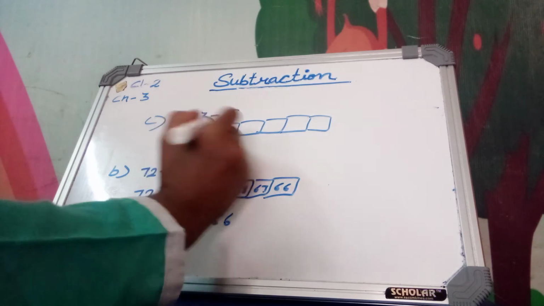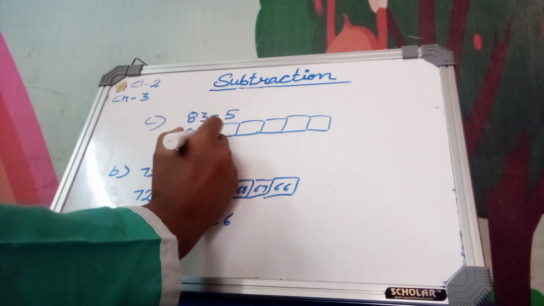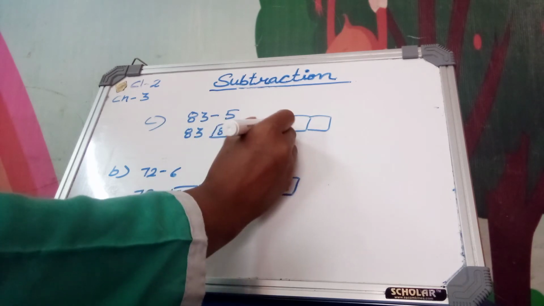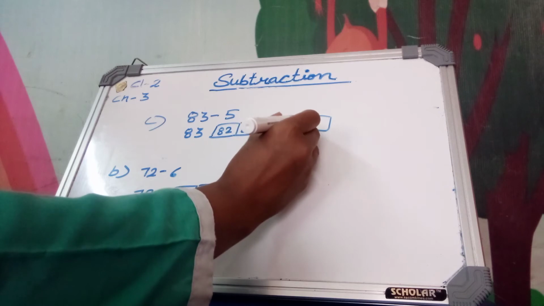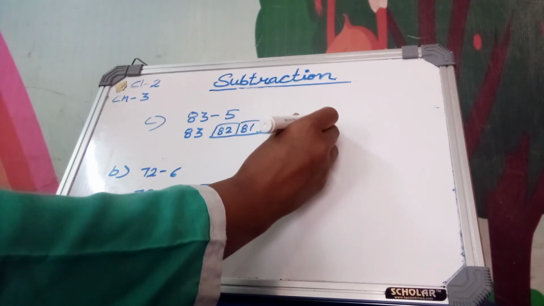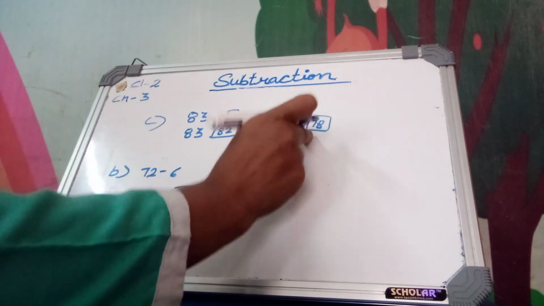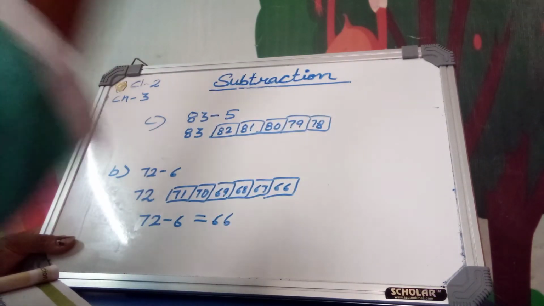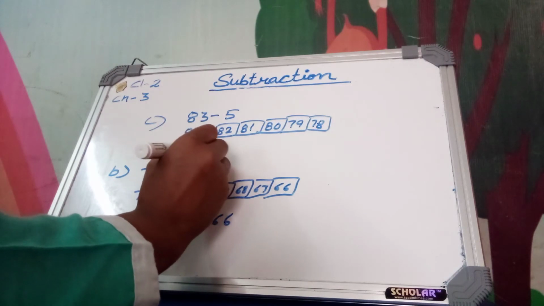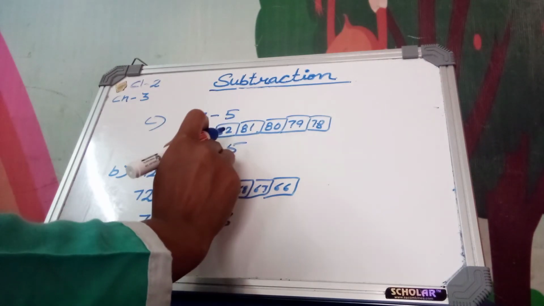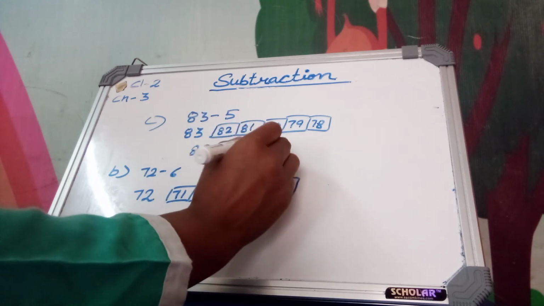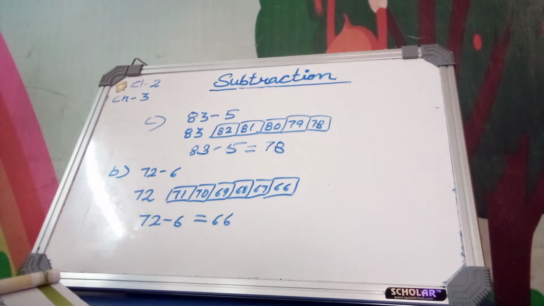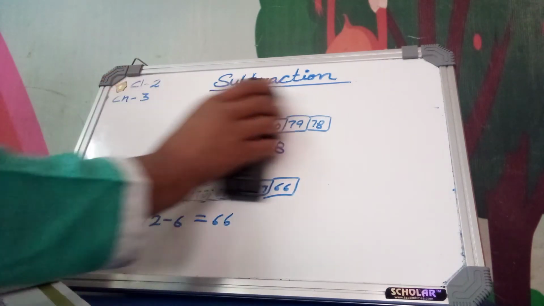Now count backward. 83, 82, 81, 80, 79 and 78. The last box number is our answer. 83 minus 5 equals 78. Question number D, you have to do yourself.